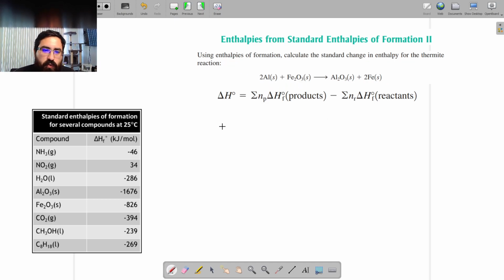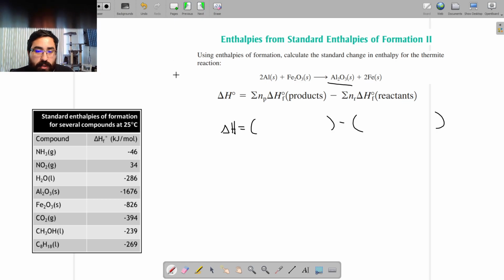Now, we always use this formula, and remember that delta is always final minus initial, but in this case, it's products minus reactants, so last minus first. The product we are focusing on is Al2O3.